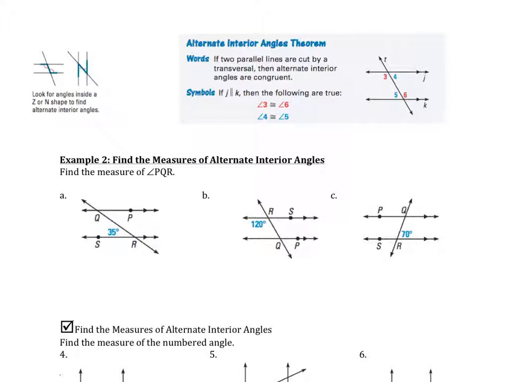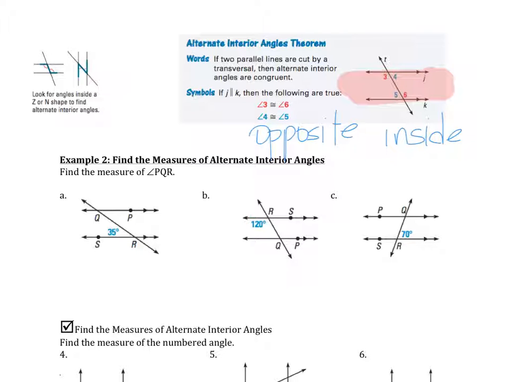The next one is alternate interior. So think of opposite sides of the transversal, inside. So if I would shade the inside, they are then on opposite sides of the transversal.